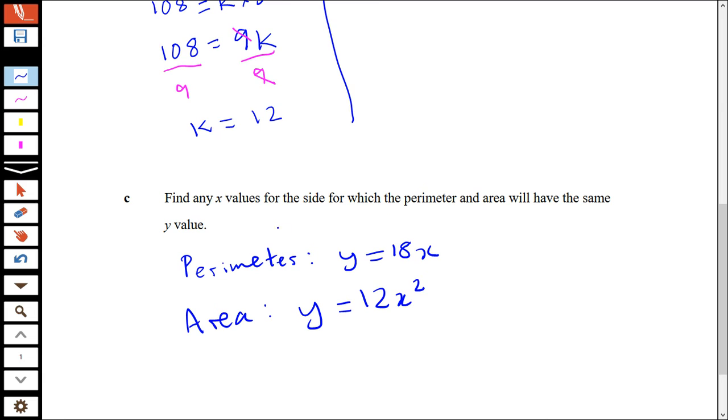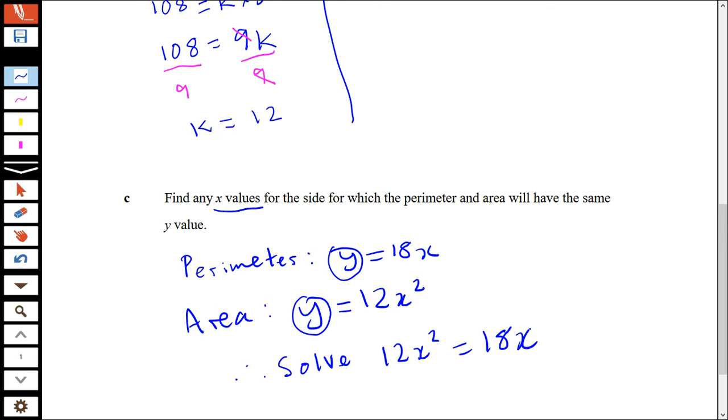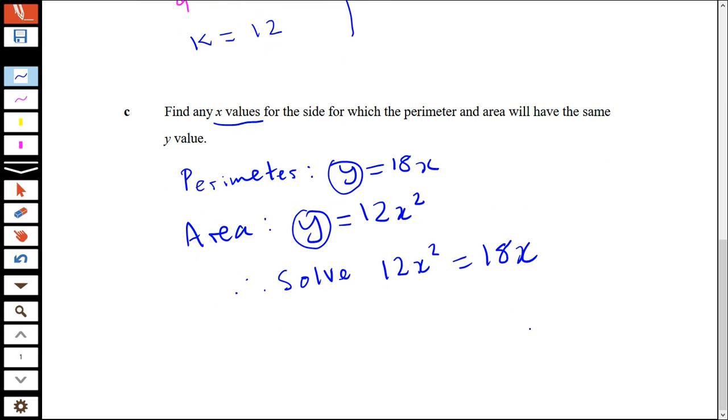Now it says find any x values for the side for which the perimeter and area will have the same y value. Now, if they've got the same y value, right, that means this is equal to that. That means we can say, therefore, that we've got to solve 12x squared equals 18x. So simultaneous equations. Now, we could then take everything to one side, equal to 0.